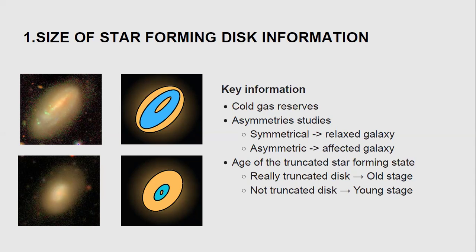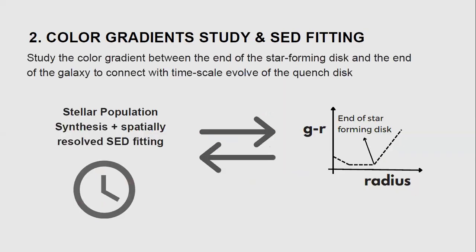And here I put a cartoon of the combination of different sizes of the star forming disk. Here clearly we have a large size, and then here are really truncated, and we can expect that is connected with the star formation activity. Then the color gradient studies.